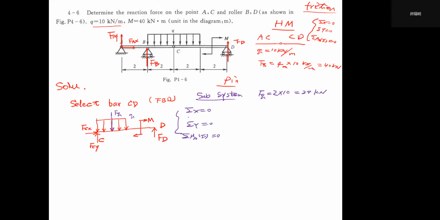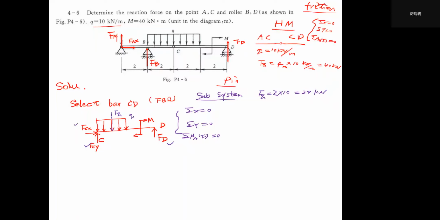We have only three unknowns and three equations, so we can find the three unknowns, their magnitudes. Can you guys understand that?